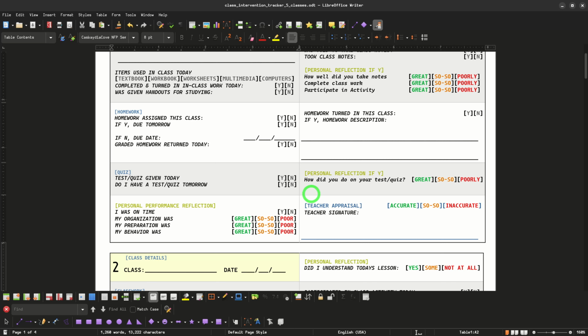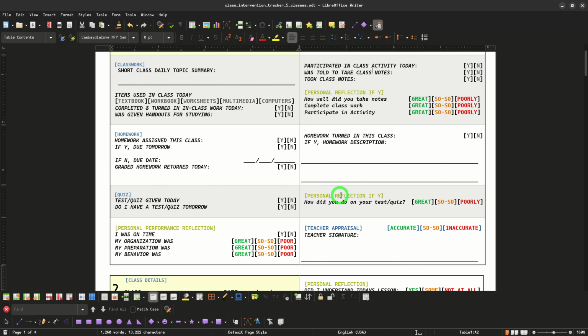And this is very vague and very general, and we're going to get to why in a second. And right here it says teacher appraisal. I would suggest that this is done sporadically. Sure, you could do it every single class if you want to, but doing it sporadically, we want the student and the child to self-reflect and to have a level of accountability and responsibility and trustworthiness and honesty.